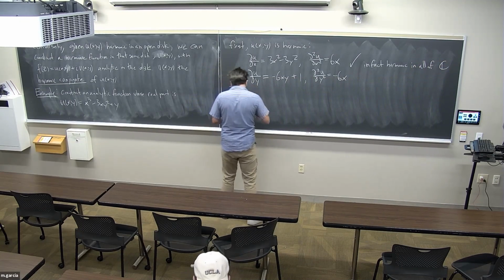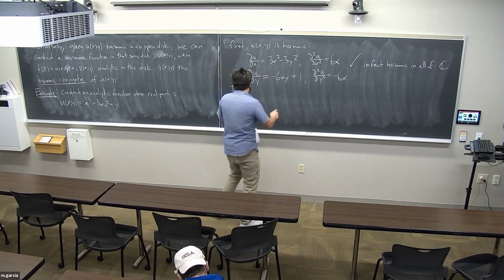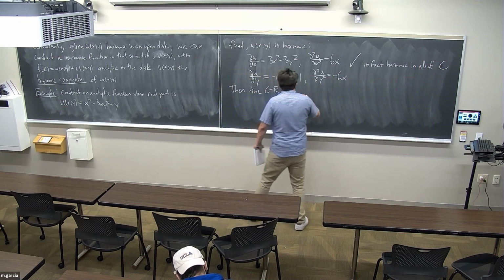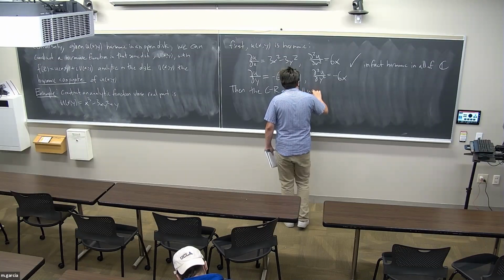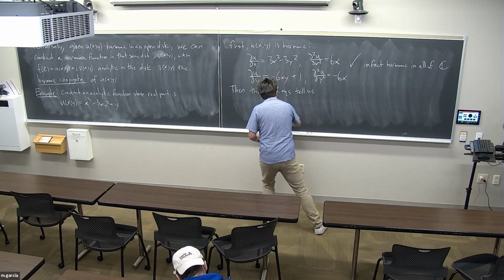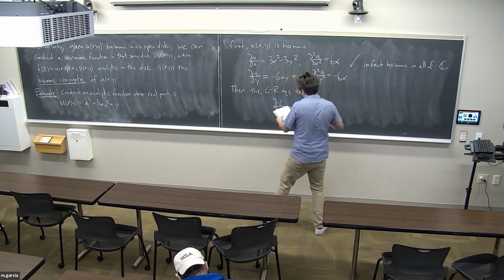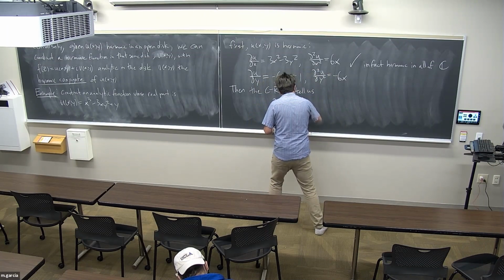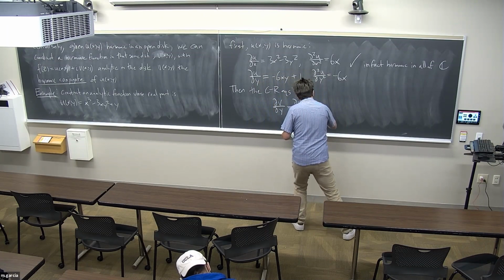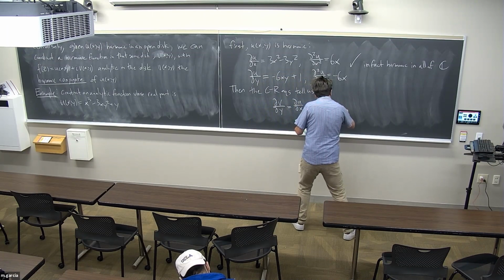Okay, so then let's look at what the Cauchy-Riemann equations tell us. They tell us that partial v partial y is equal to partial u partial x, that is 3x squared minus 3y squared.